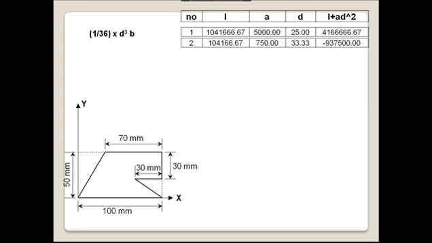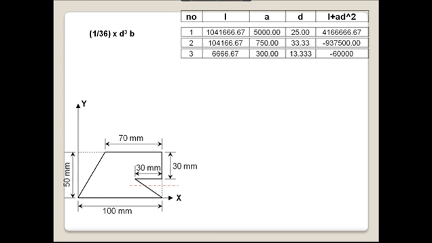Same operation we are going to do for the third triangle. The third triangle formula is the same, 1 by 36 BD cube. The red line which has come is its own centroidal axis. 1 by 36 BD cube for this triangle comes to 6666.67. The area of this triangle comes out to 300, and D, the distance between the red dotted line and the bottom x-axis, will be 13.33.